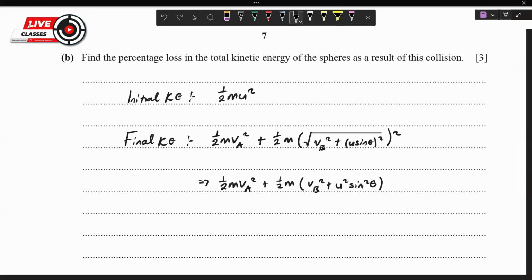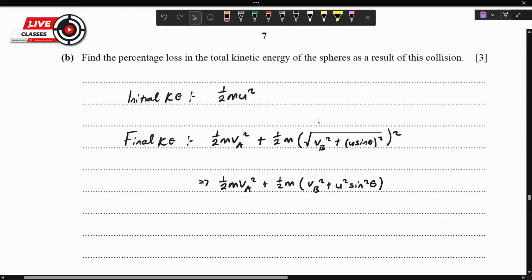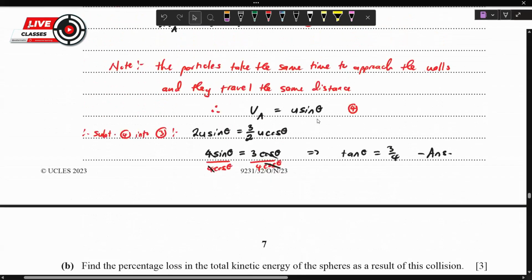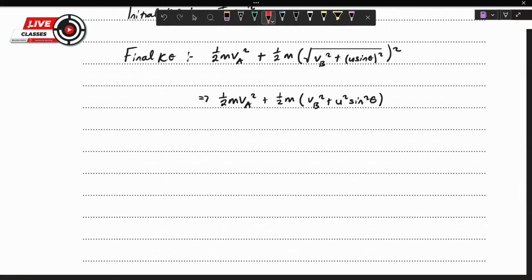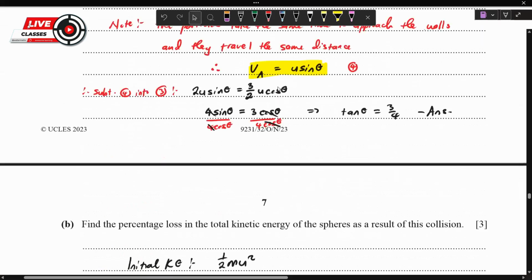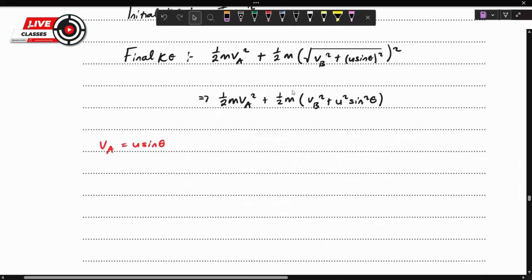Now, it is important for us to understand, because we need to know what VA and what VB is. According to what we have been given, we got that VA was U sine theta. And we also actually got tan theta to be equal to 3/4.